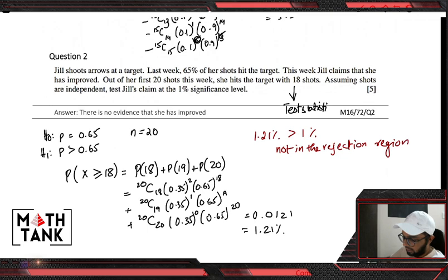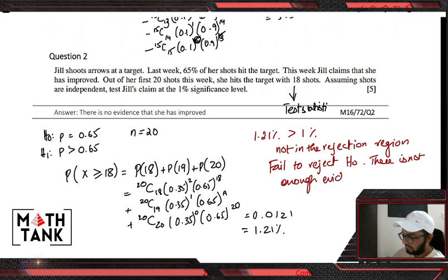therefore it's not in the rejection region. You fail to reject H0, and essentially what you are doing is accepting H0. You will say that there is not enough evidence to say that she has improved.